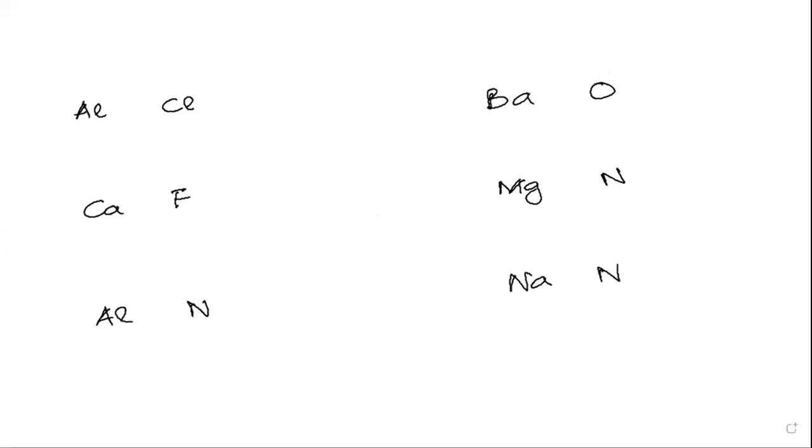So let's go with them. Aluminum is present in group 3, so it would have a +3 on it. This is group 7, so this is -1. We can simply write it as minus.